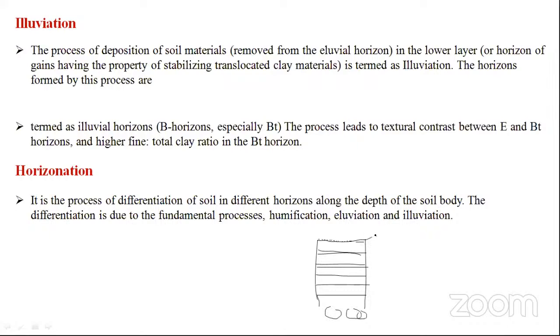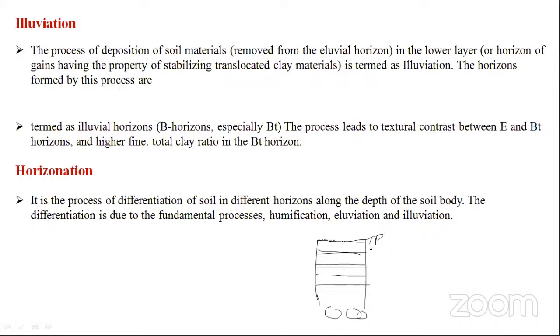In this differentiation, generally O will be very dark, and in A also there are different types, students. In A there is a plow layer, a non-disturbed layer, that we will discuss at the horizonation level. Actually for JRF students there is no need for that much, but SRF students have to learn all those things, okay.